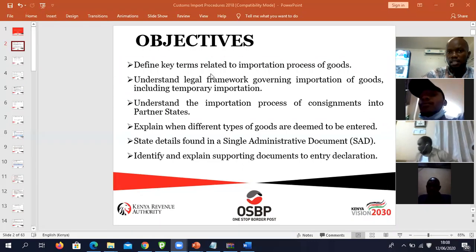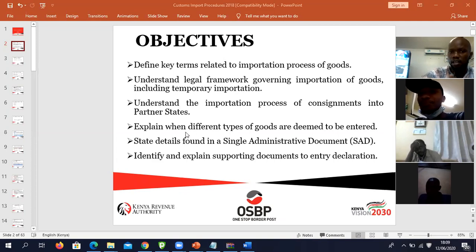Number 2, understand the legal framework governing importation of goods, including temporary importation. Number 3, understand the importation process of consignments into partner states.